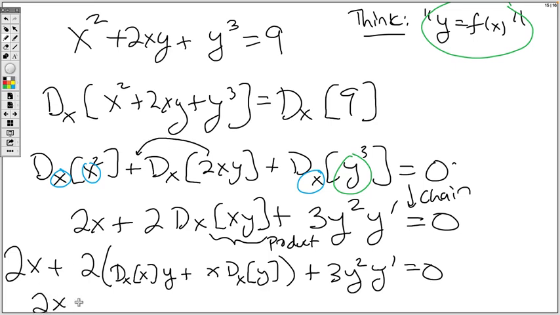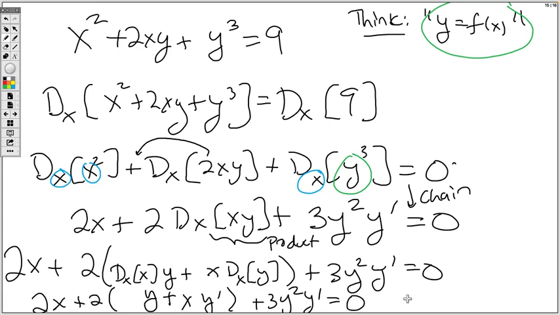So I got my 2x plus 2 times, and what's the derivative of x with respect to x? 1 times y plus x times, what's the derivative of y with respect to x? I don't know what y is, but we're going to call that what? y prime. Okay.